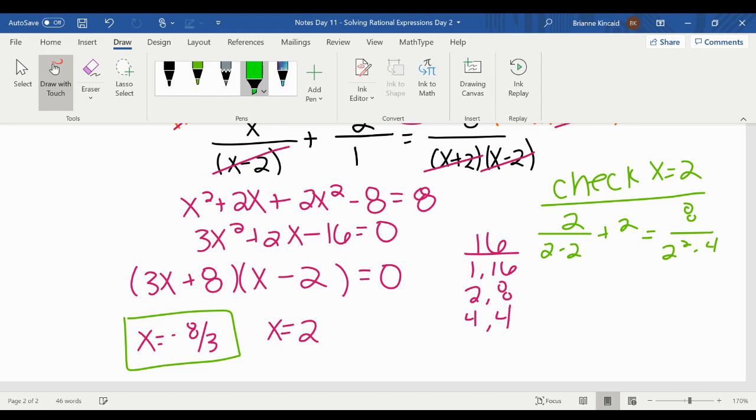If you look at this denominator and this denominator, you are both going to get answers of 0 when you simplify. You are unable to divide by 0. That makes x equal to 2 not work, and we only focus on negative 8/3.